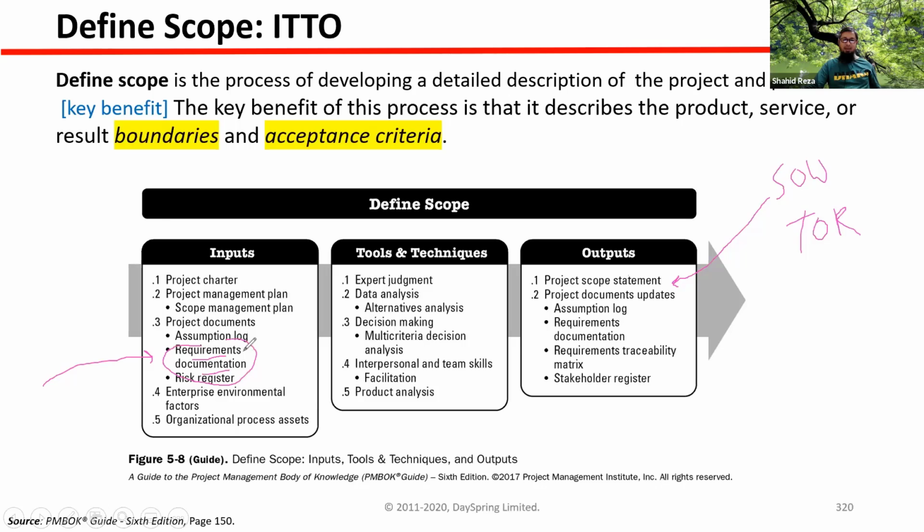So this is the main input here. Please highlight this one. Using these tools and techniques, our main output will be the project scope statement, the final, formalized, refined document. That will be our base for the product, service, or result that we are going to develop, or going to build.